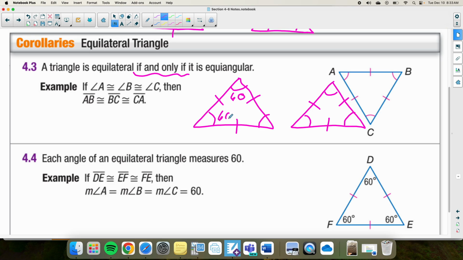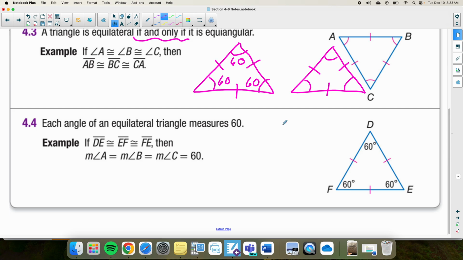Okay? So what this next theorem says is if you have an equilateral triangle, which means equal sides, you can automatically assume that all three angles are equal. Okay?